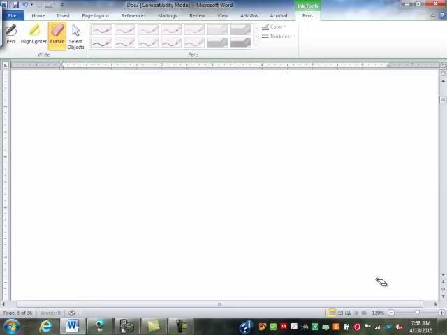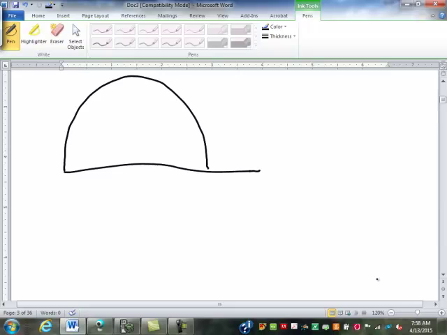Actually, we're going to do this as a half circle, just to start out gently with you guys. So that is a half circle. This is a tangent. We're going to say this half circle has a radius of 40 millimeters.